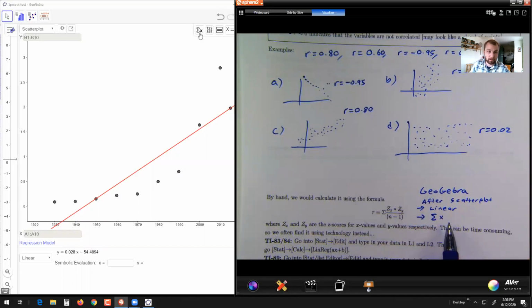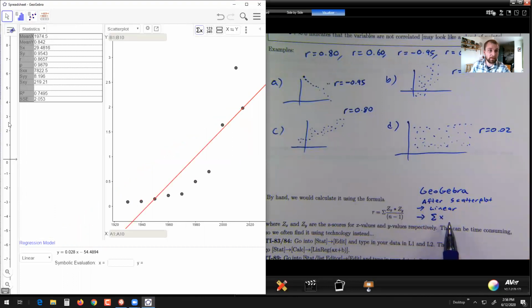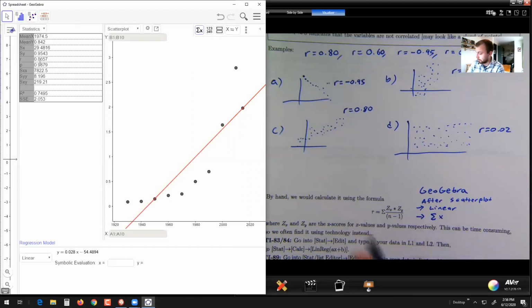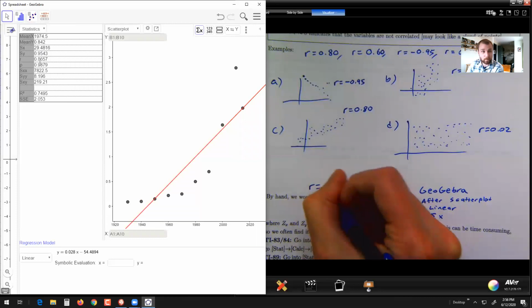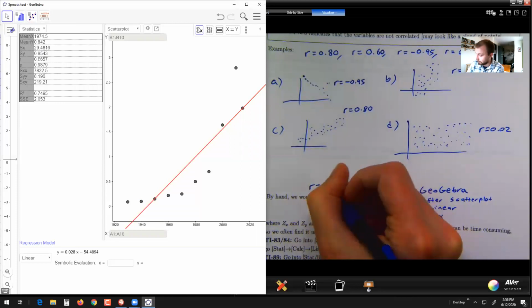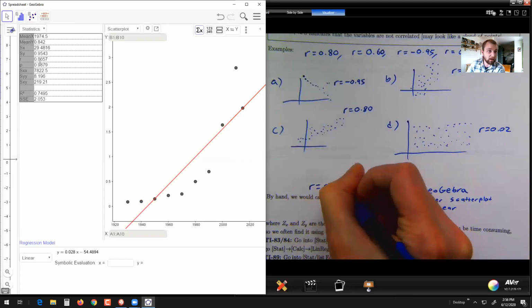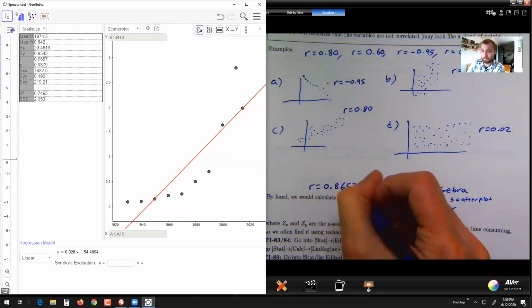That's right here. I'm going to click it. It gives me this menu over to the side, and the value I'm looking for is this R. So for the example involving the bread data, I have an R of 0.8657.